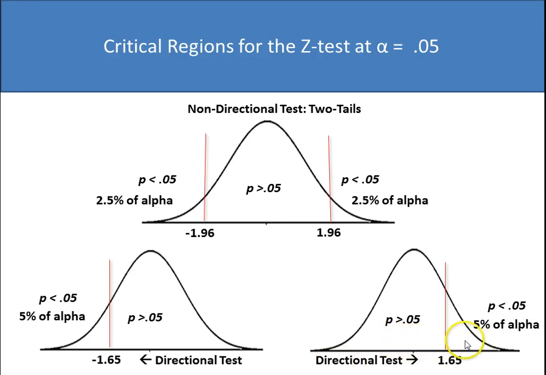Touch will increase weight, so we would be looking for the effect on the right hand tail, and we would put our entire alpha level, 0.05 of the critical region, entirely in the right hand tail, and the z-score that separates the top 5% of the distribution is positive 1.65.